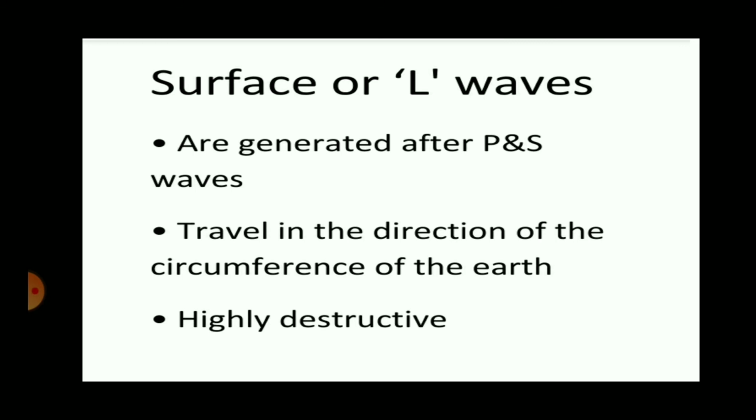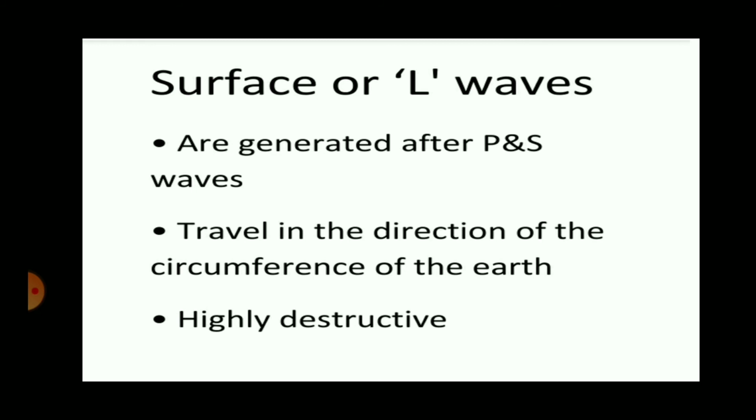Surface waves do not come from the focus, but they are generated because of the primary and secondary waves. Primary and secondary waves were coming from the earth's focus, but surface waves are generated because of the primary and secondary waves, and they travel only in the direction of the circumference of the earth.